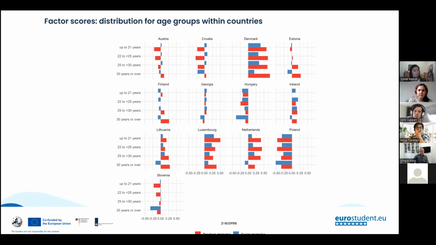But you can see that this varies, especially the practical obstacle part. It varies for countries. So for instance, in Austria, you see that the younger students report more practical obstacles, whereas in Denmark, it's quite equal. So we see different patterns.